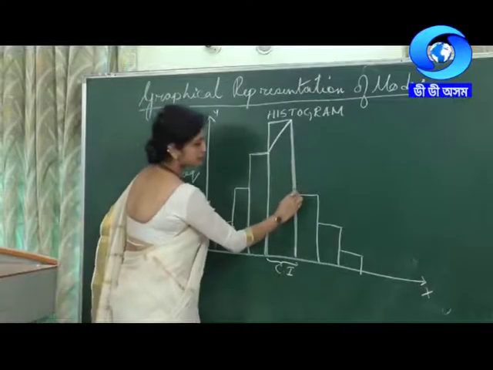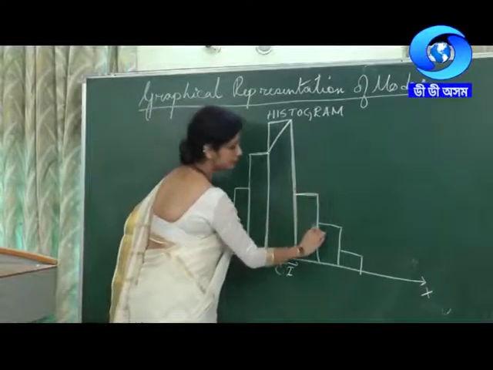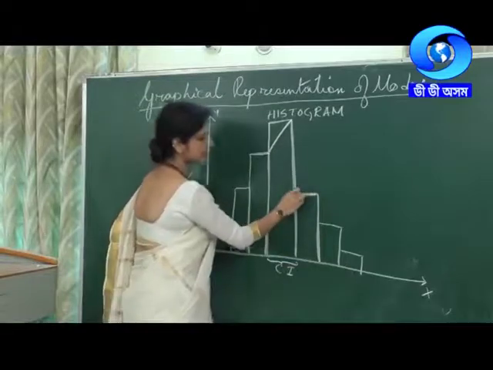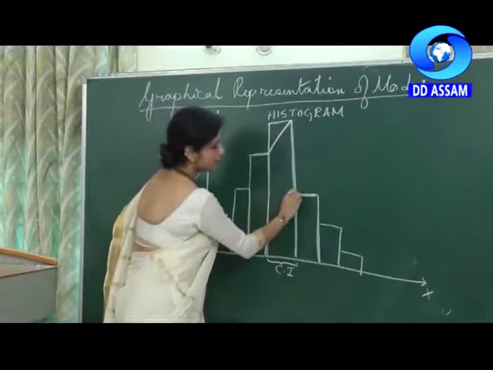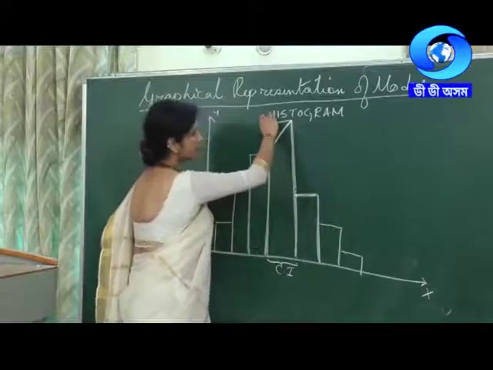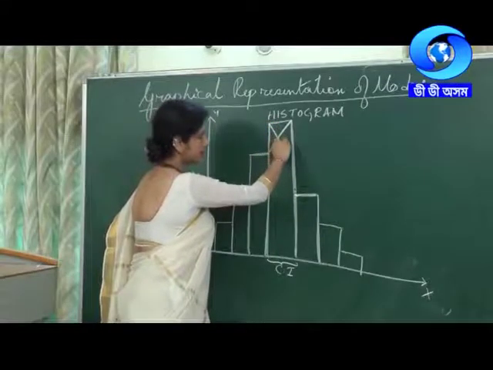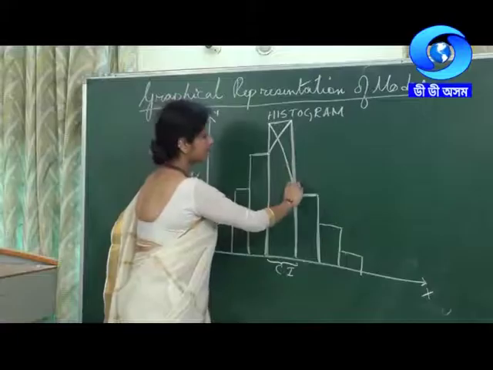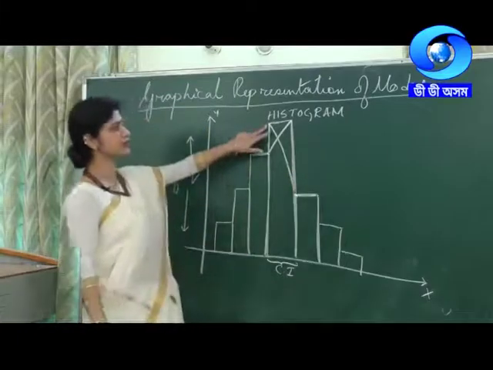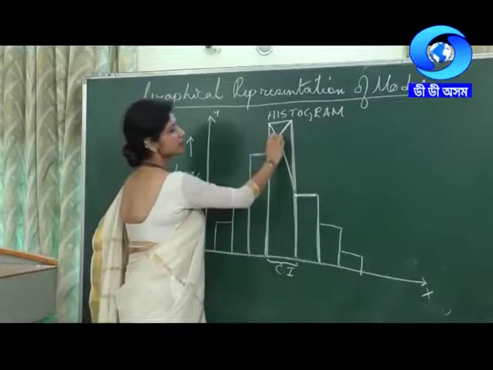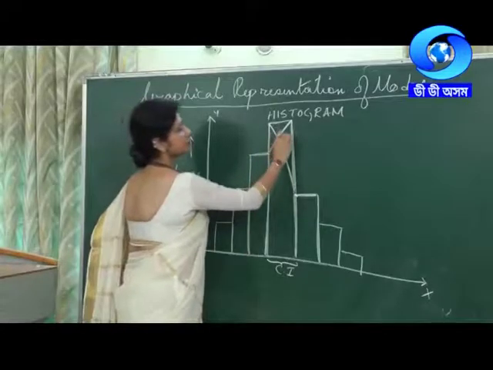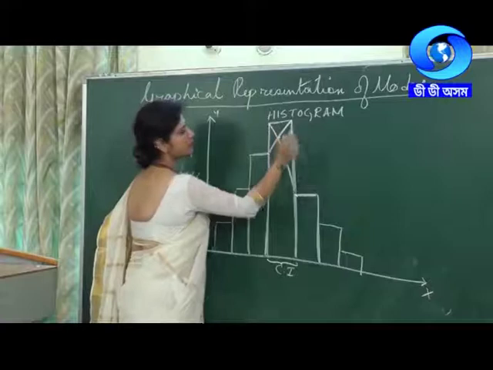From the succeeding column of the tallest column, from this point we will draw a line to the opposite vertex of the tallest column, and these two lines will meet at a point. Supposing this is point P.